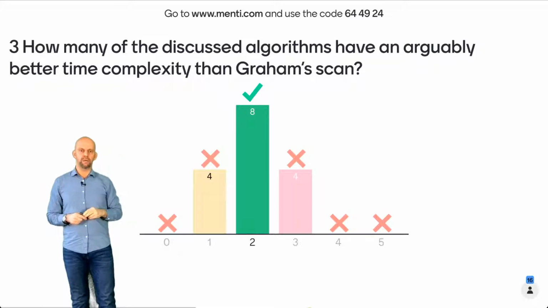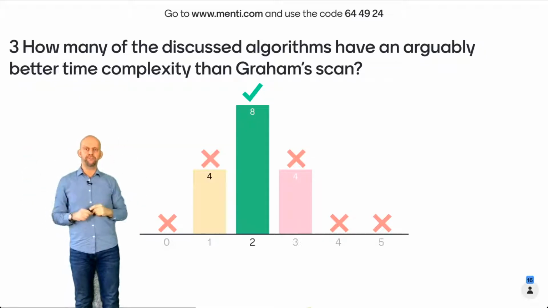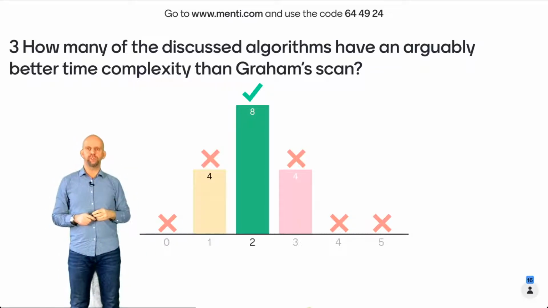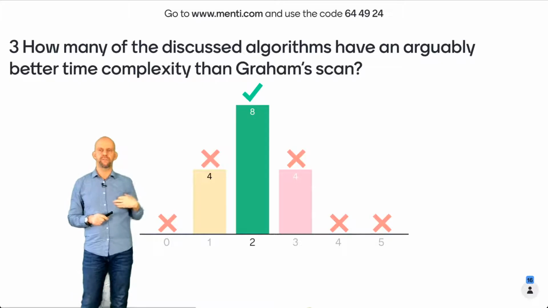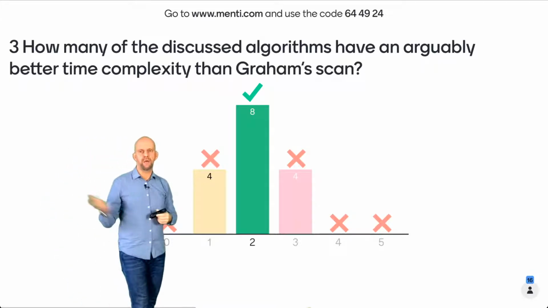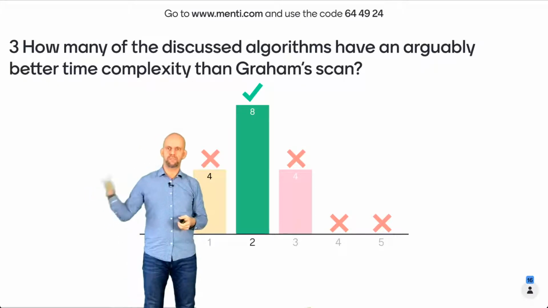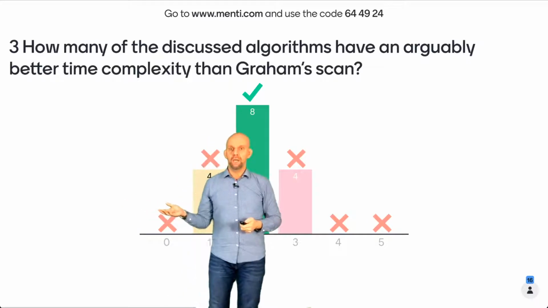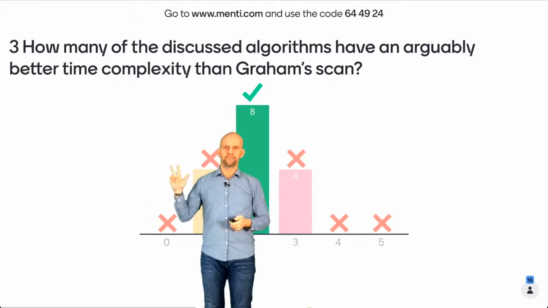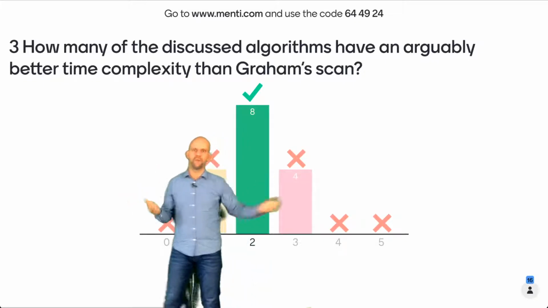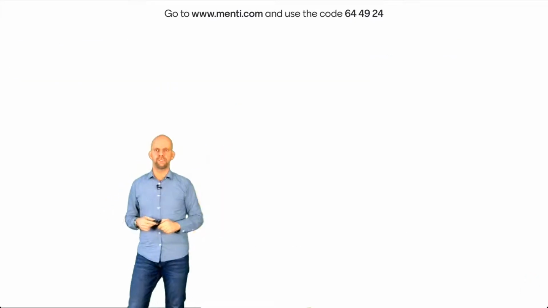One was the ultimate one by Kirkpatrick and Seidel. And the other was, of course, Chan's algorithm, which got us also n log h. And the others were slower. There was quickhull, which doesn't really get a subquadratic guarantee. We also had Jarvis March, and then of course Preparata-Hong. So 2 out of 5 is the answer here.